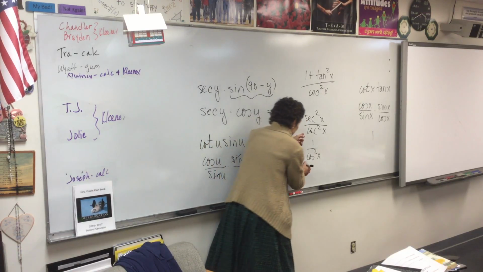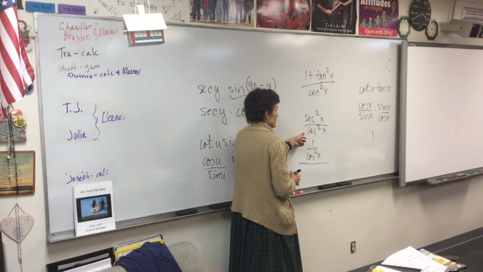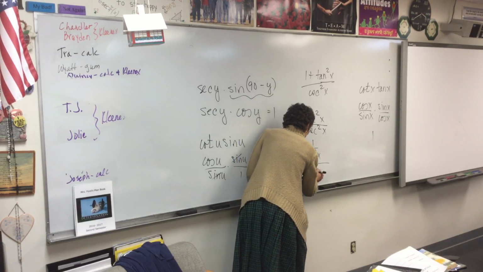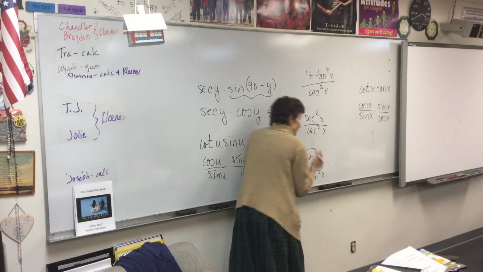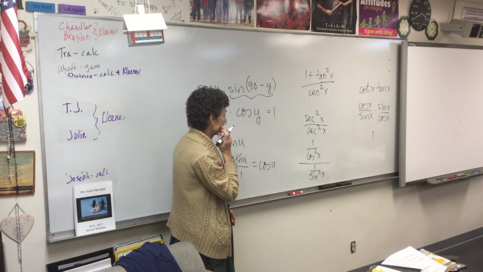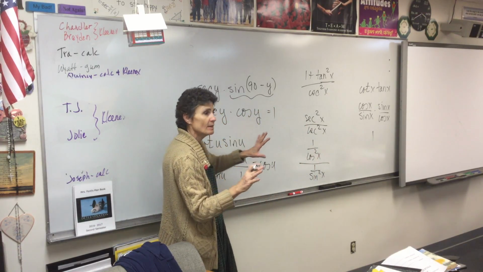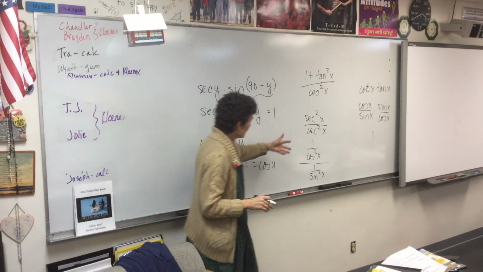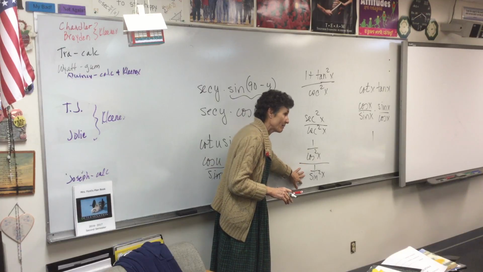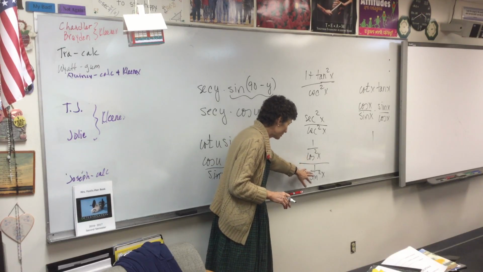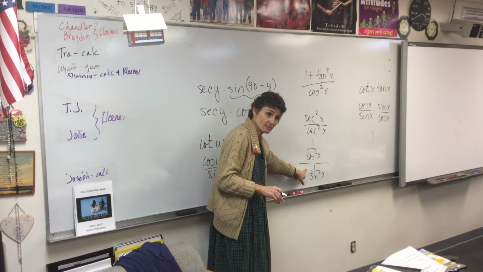And then I'm going to do the same thing here. What's cosecant squared? 1 over sine squared. Now, you're thinking, Mrs. Ford, this is getting worse, not better. But no, just relax a minute. How do I divide fractions? I have a fraction divided by a fraction. I'm going to multiply by the reciprocal of this.